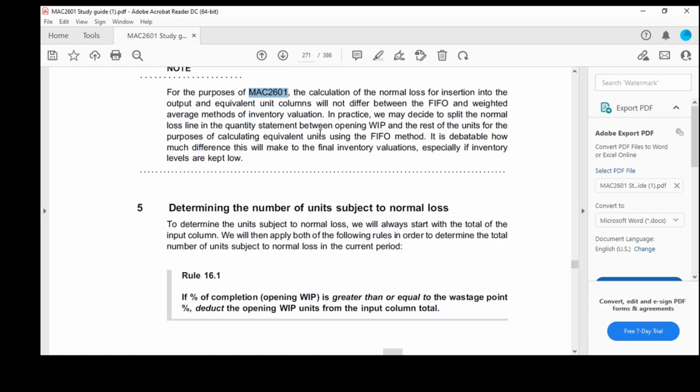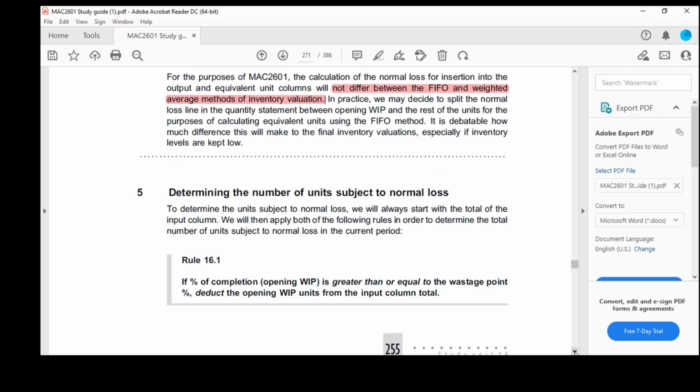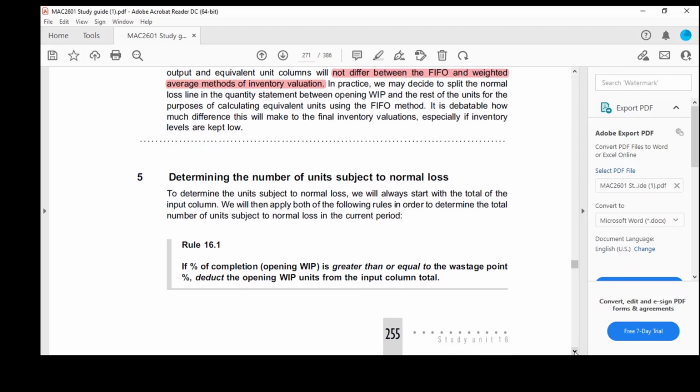So lucky you guys, your normal loss calculation will be the same, whether you use first in, first out or weighted average valuation, which is great for now. But as you go to the other stage of MAC, yeah, best believe it's coming.